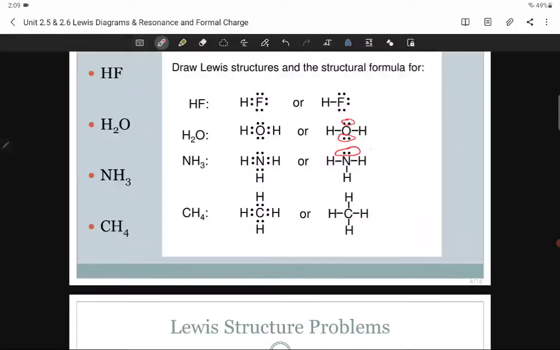Now, these are all printed out, so it wasn't needed here, but it is suggested that if you have any unshared electrons around the central atom, and nitrogen and oxygen are central atoms in these 2 cases, that you circle those, and that way they don't get lost. And later on, we're going to find out that these electrons are going to play a significant role in the geometries of those molecules.